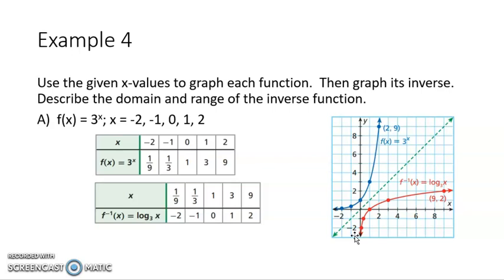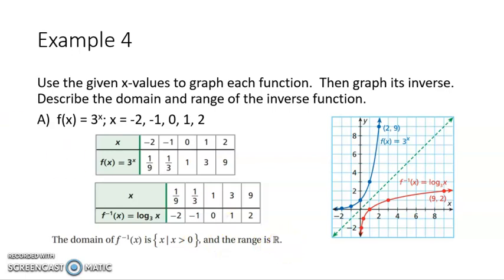And my range is going to be all real numbers because notice that it goes down forever and it's actually going to go up forever. It's slowly going up, but it will still go up. Okay, so I've written out my domain and range. And again, we were describing them of the inverse function. Domain is x is greater than 0. The range is all real numbers.